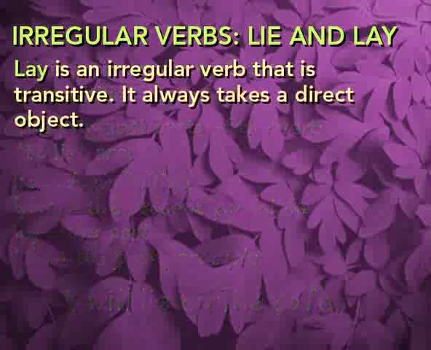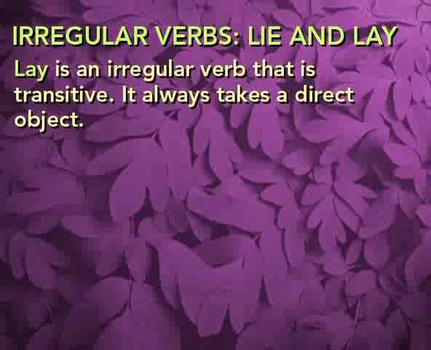By contrast, lay is an irregular verb that is transitive. In other words, it always takes a direct object. When you lay, you have to lay something. You lay something, and therefore there is something in the sentence that will receive the action of the laying. It's a transitive verb. It has a different meaning, although it's clearly related to the verb lie, and therefore the verb to be used in this type of sentence would be a different verb, which is formed differently.